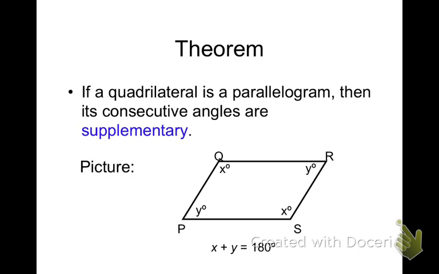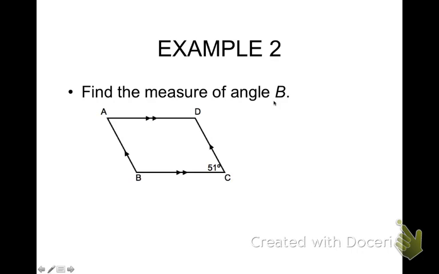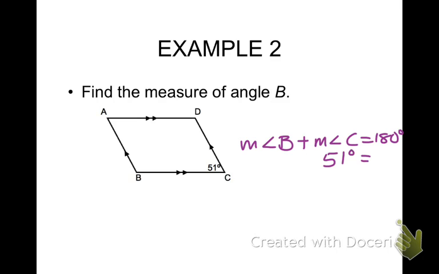So everybody got that? All right. So let's find the measure of angle B in this example. How will we find B? 180 minus 51? Right. So the measure of angle B plus the measure of angle C should equal 180. You don't have to show these steps. I'm just putting it in your notes so you have it. The measure of angle C is 51 degrees.